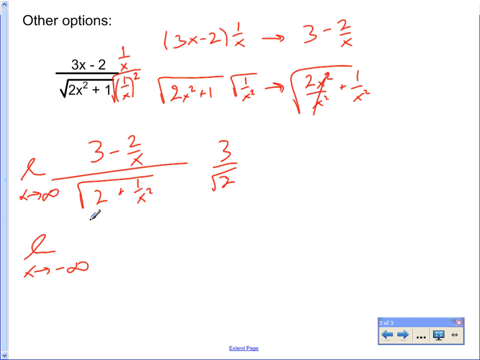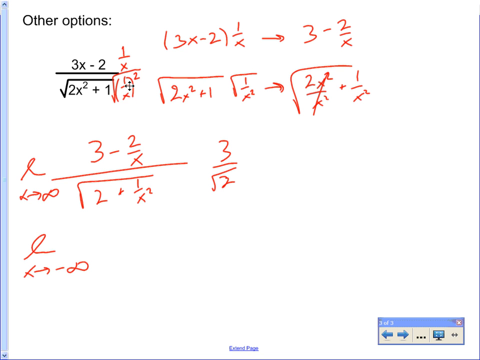Or actually, as I do negative infinity, I'm going to have to change a little piece of this, because now we're looking at large negative numbers x.